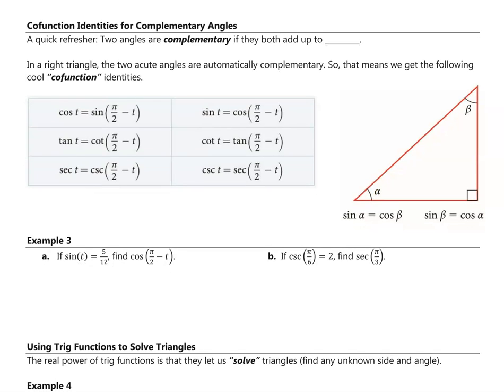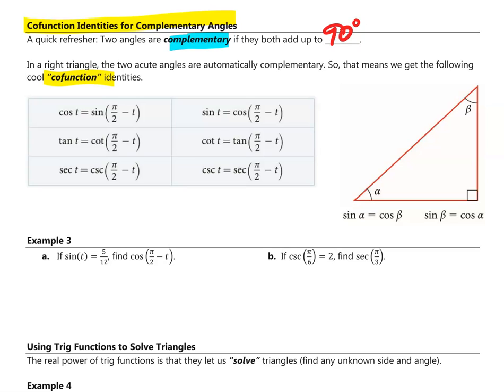So next, cofunction identities for complementary angles. A quick refresher, two angles are complementary if they both add up to 90 degrees. In a right triangle, the two acute angles are automatically complementary, so that means we get the following cool cofunction identities.